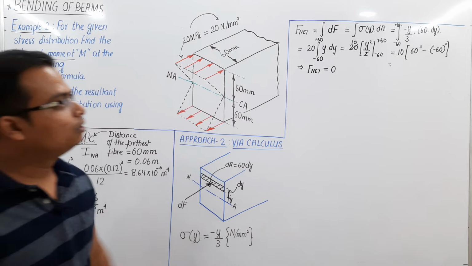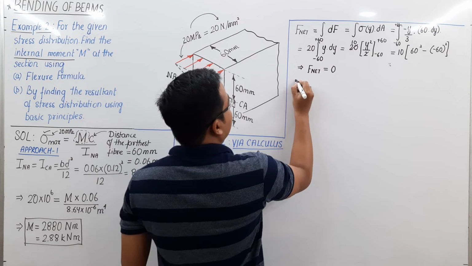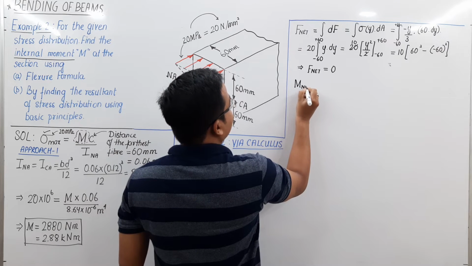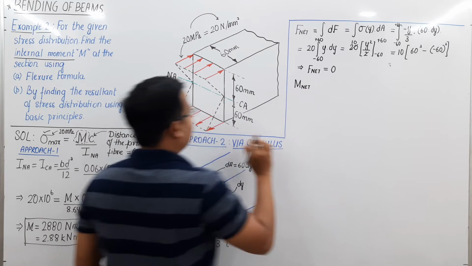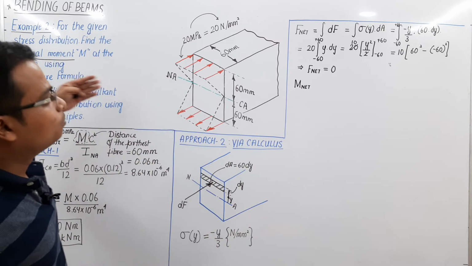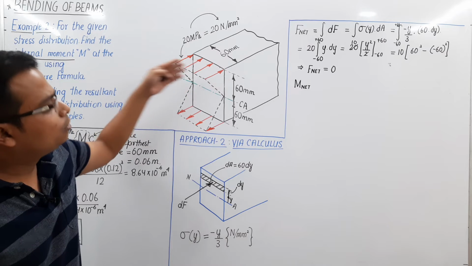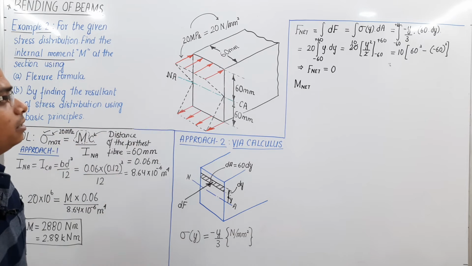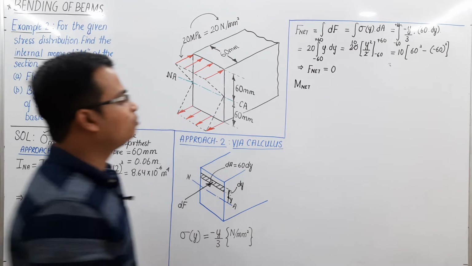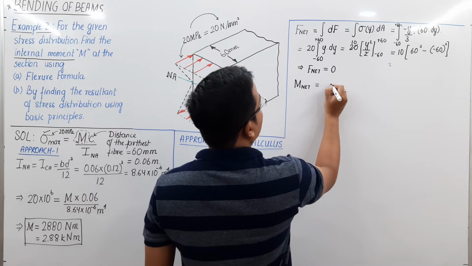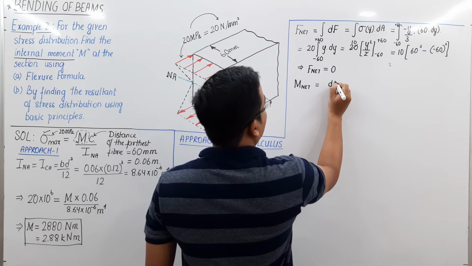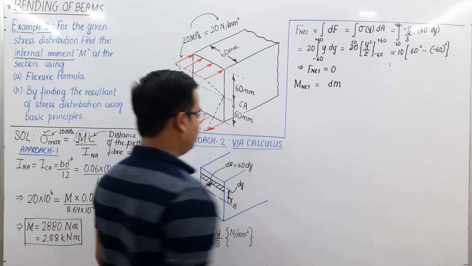Okay, so that was all about the forces. Now we need to see what is the net internal moment because of this arrangement of force. Right here it is compressive, and here it is tensile. How can we do that? It's going to be very easy. Just focus on a very small moment.